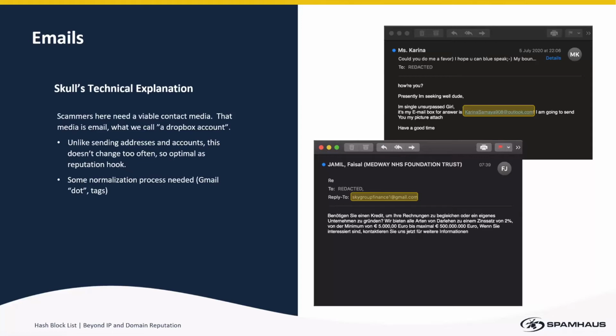And I'm referring to the from header, of course, not the envelope one. But the from header can point to a domain that can have an attached reputation. If the domain is large enough or popular enough, like Gmail, again, that's not something that is going to help.